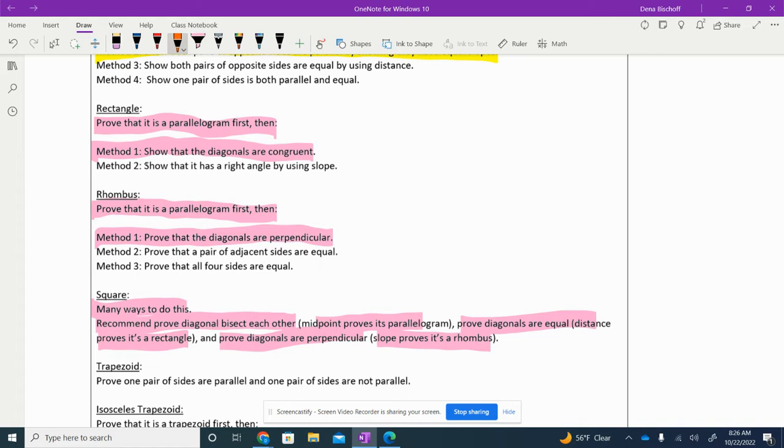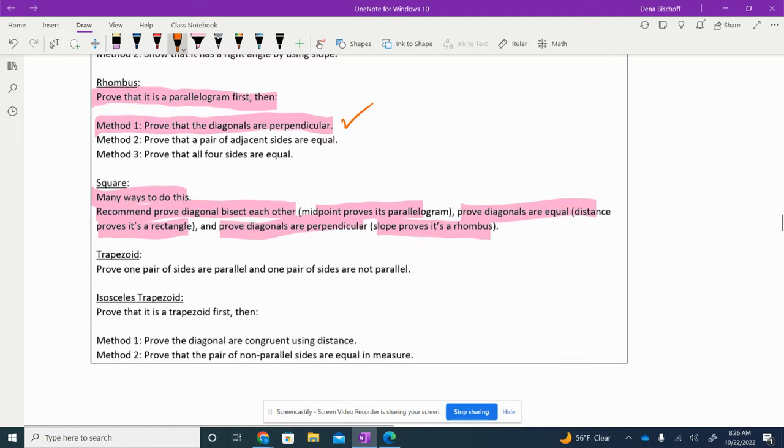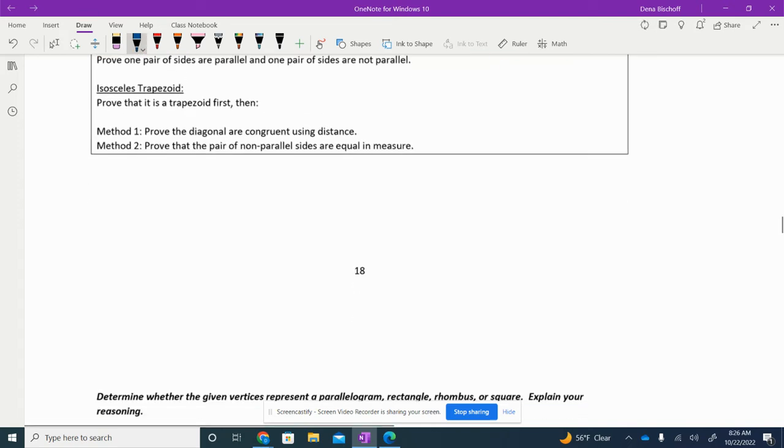If you follow that, you've already done all of that, so you don't have any extra work to do. And then methods for a trapezoid, same thing I said, make sure one side is parallel. If you have an isosceles trapezoid, make sure that the opposite non-parallel sides have equal measure.